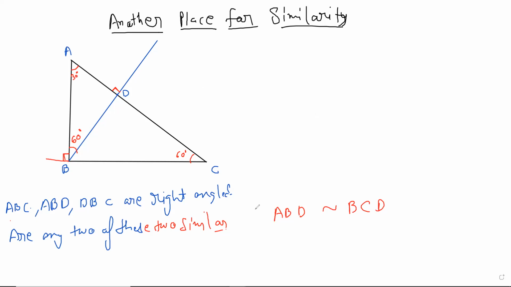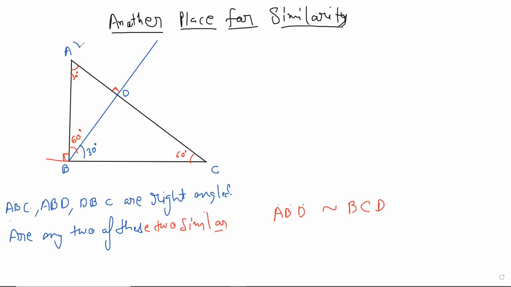That's my question. Which two are similar? Let's first chase the angles. So this thing right here will be 30, right? That thing right there will be 30, isn't it? Now what is Ram saying? Ram said that this is ABD.